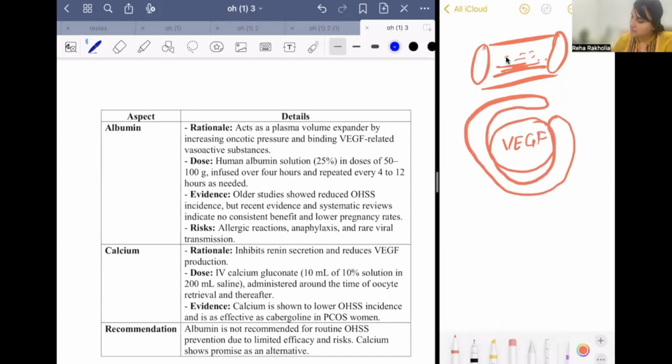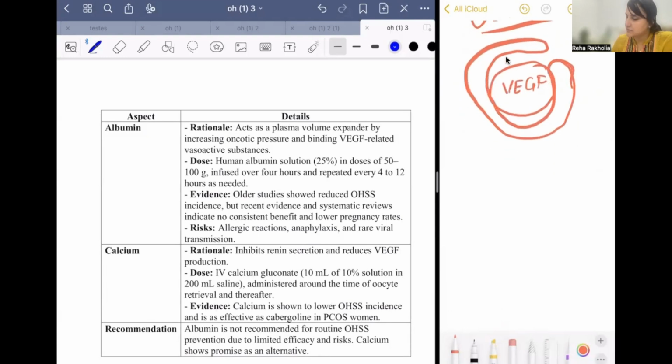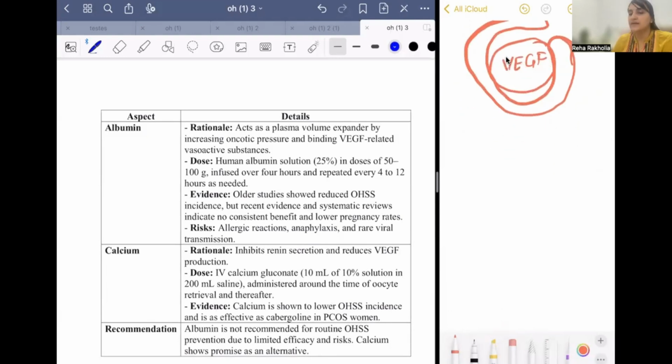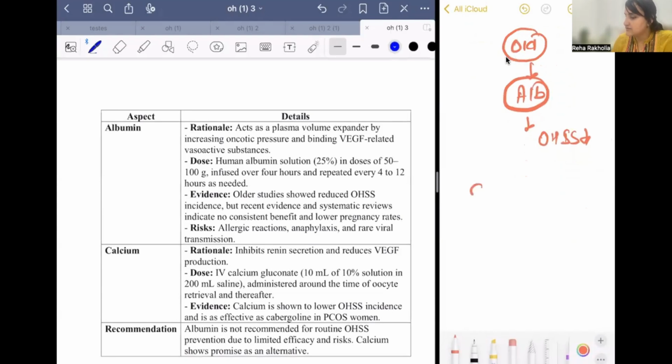It binds with VEGF-related vasoactive substances, which are responsible for vascular permeability in OHSS. While older studies suggest that albumin reduces OHSS risk, recent studies, including a systematic review, have shown no consistent benefit.